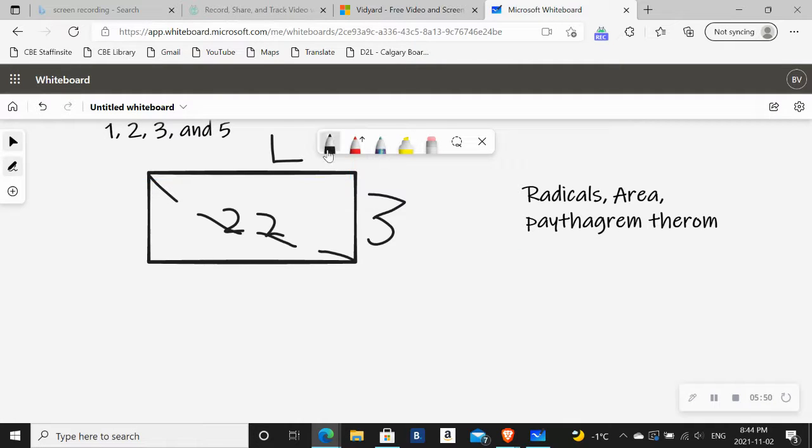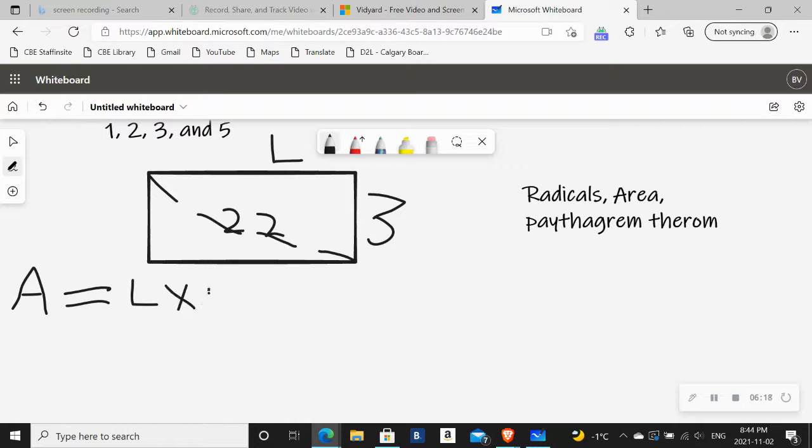So let's start off with the basics. What we know. Mind this triangle for now, just ignore it's not even there. So we have 22 and 3, and we don't know what our length is. It's telling us to put in diagonal, but let's not do that now. So for area, we know that area is length times width.